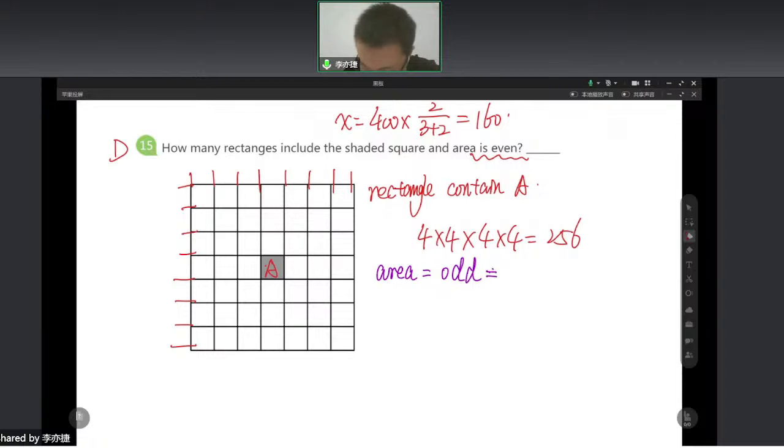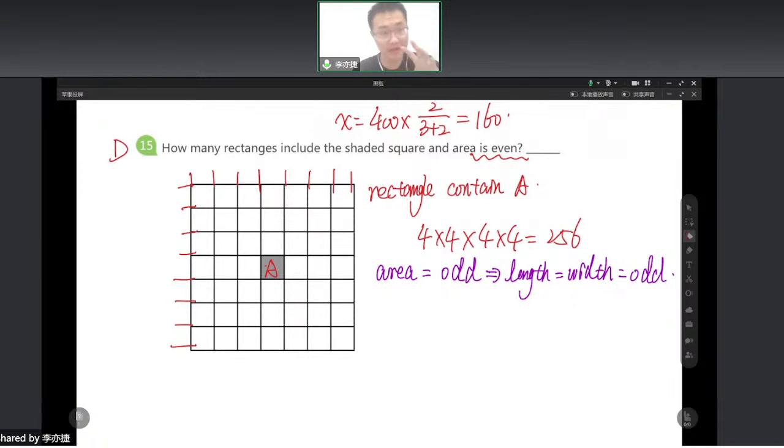Area equal to odd means length and width are all odd. So now in this case, the key point is how to make it odd.